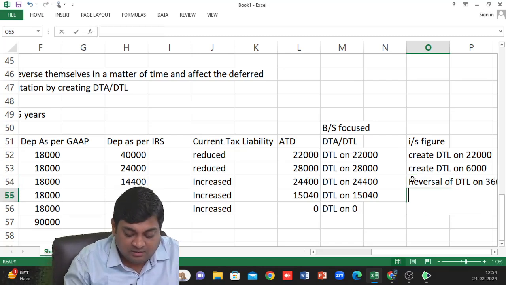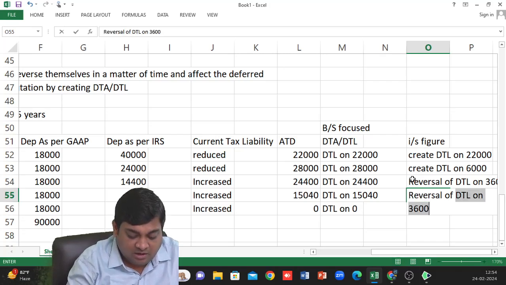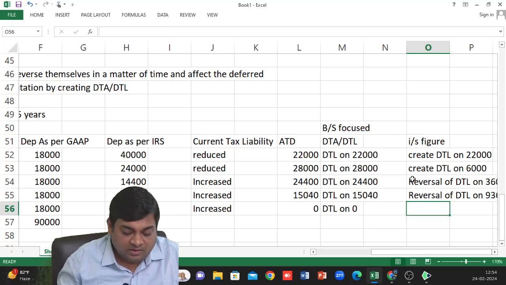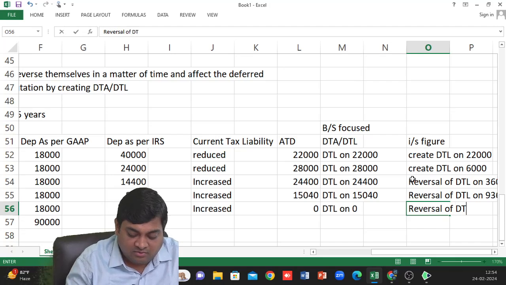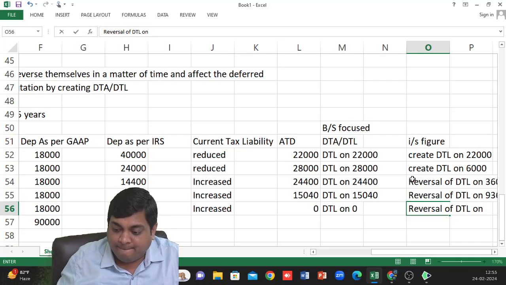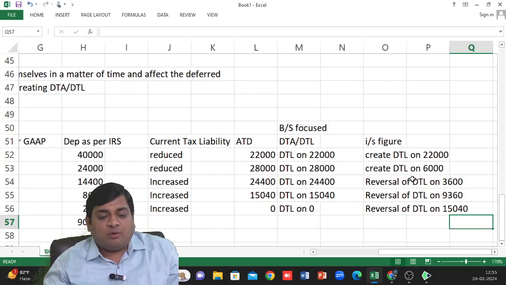This year, reversal of DTL on 9,360. This year, reversal of DTL on 15,040. This is very important.